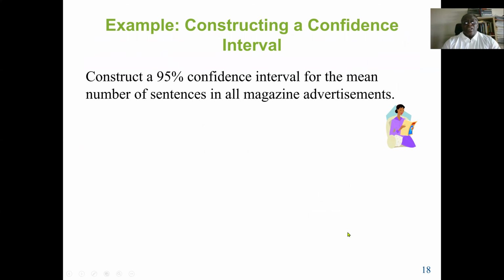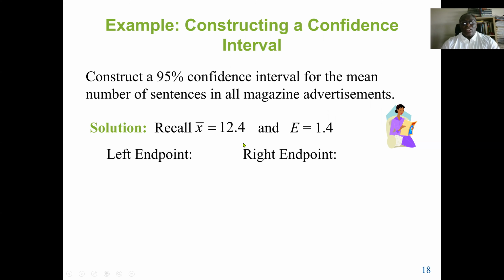So let's try this example now. Construct a 95% confidence interval for the mean number of sentences in all magazine advertisements. We know this is the same as question number 1, sample 1 data set. We know the x bar, the sum of all the sample values, I think it's somewhere around 50, and then we divide by 50, and that gives us the x bar.